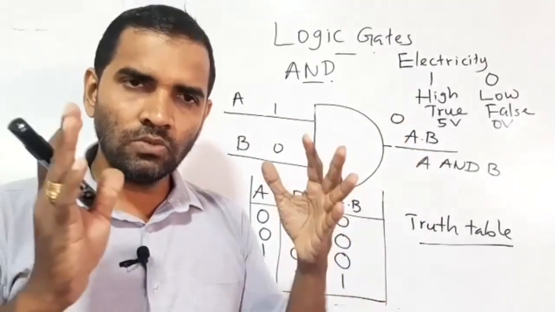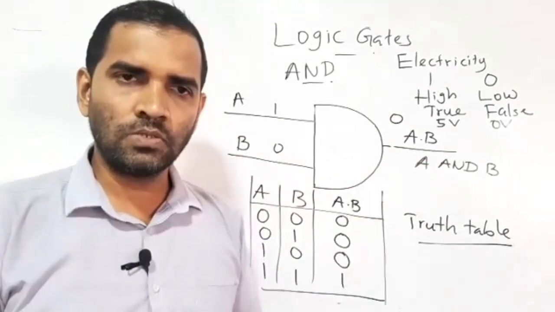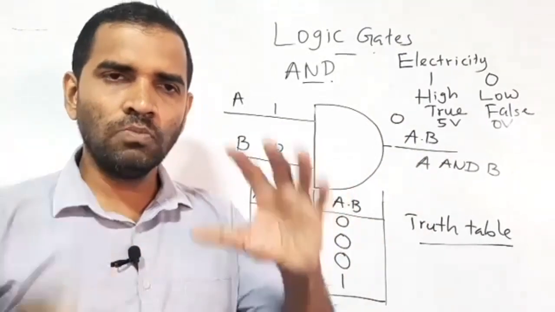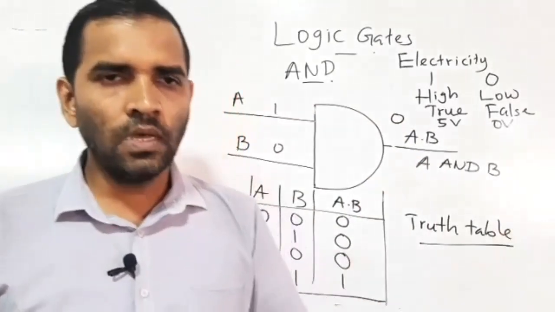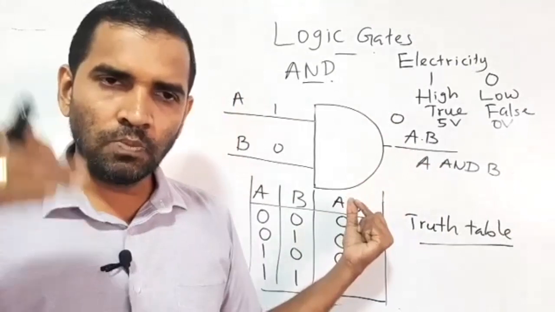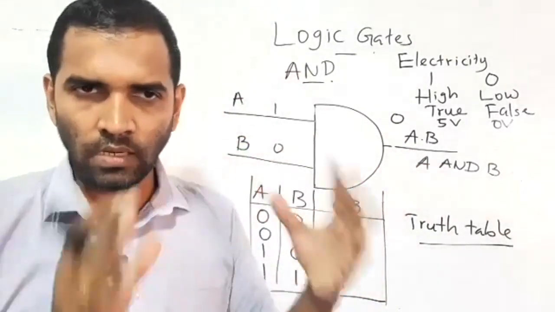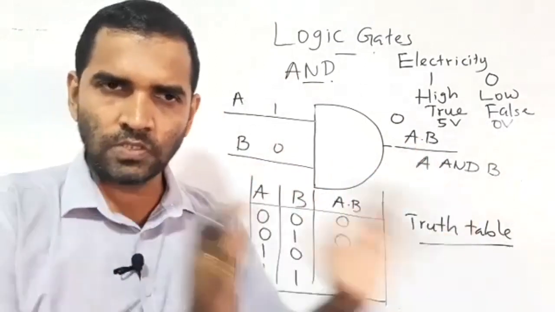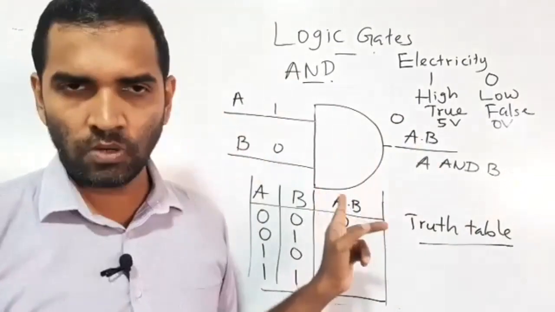But if you want to study how it happens, you have to build a small electric circuit using batteries and bulbs, and you can understand the thing which will happen inside. In the AND gate, there will be some processes taking place, but we are unable to see that because this is just a symbol.